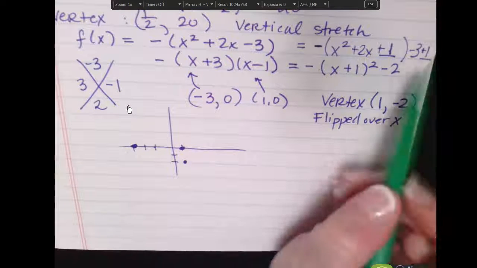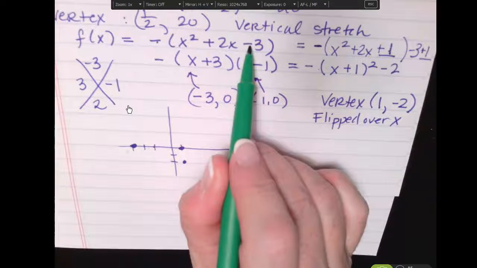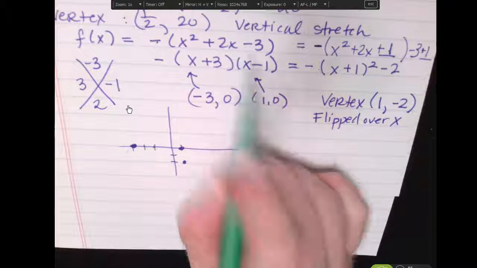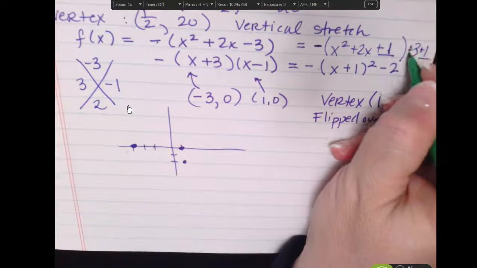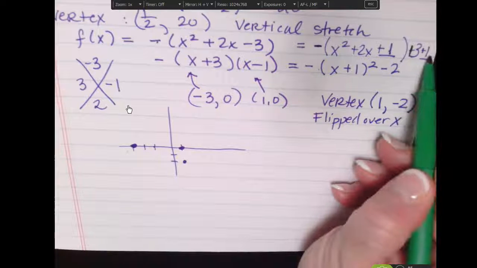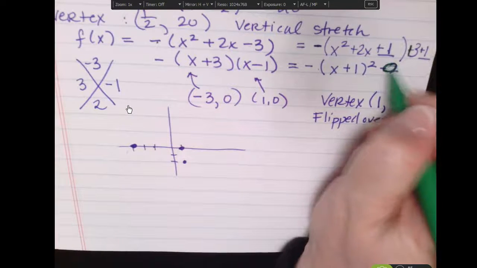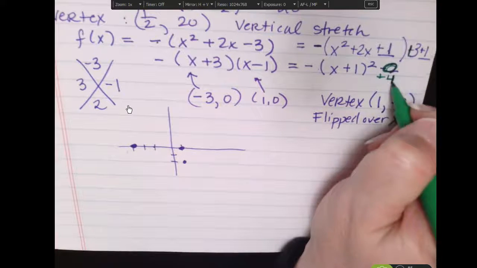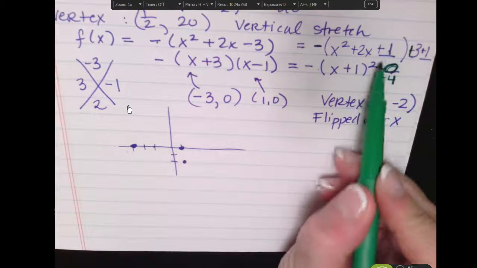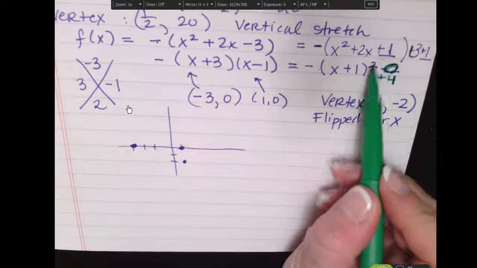So here's what I did wrong. This negative was with this 3 the whole time. So this was a positive 3, and positive 3 plus 1 is 4, plus 4. And what about this guy?